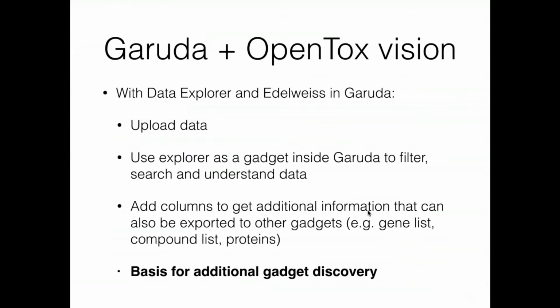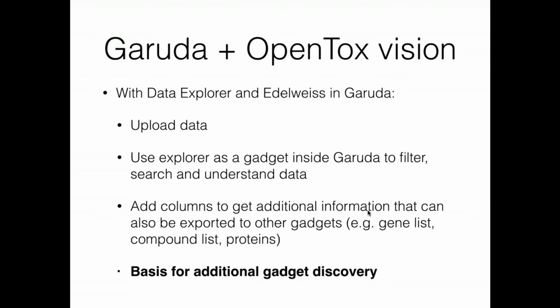Now, if you combine this with the Edelweiss capabilities and the Edelweiss data discovery, once we bring all these things into Garuda, you would have gadgets in Garuda for uploading data and for discovering additional data. Then you should be able to use the Data Explorer inside Garuda to filter and search and understand data and to discover more data. And then when you enrich your data sets, that can be a basis for additional gadget discovery.